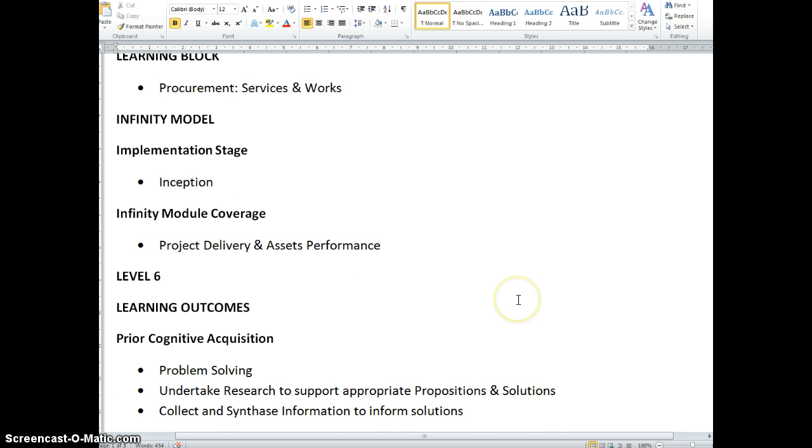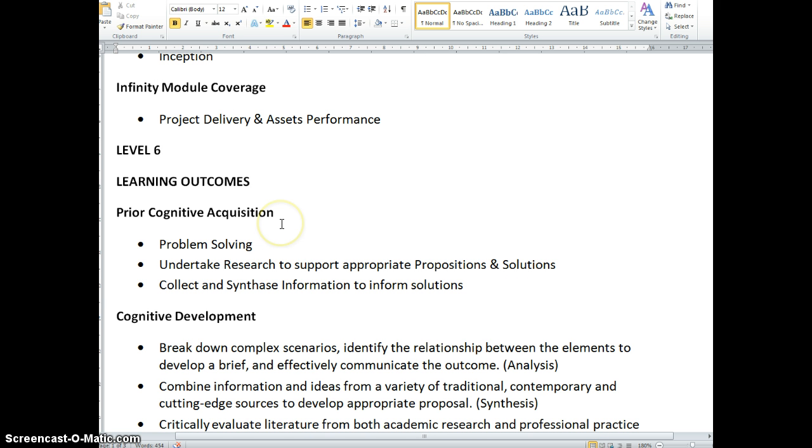Okay, so there's an expectation when we talk about learning outcomes: prior cognitive acquisition. For a level 6.1 there have to be things like problem solving, undertaking research to support propositions and solutions, and collecting and synthesizing information to inform solutions. This is not a definitive list, just a series of things that could be there.